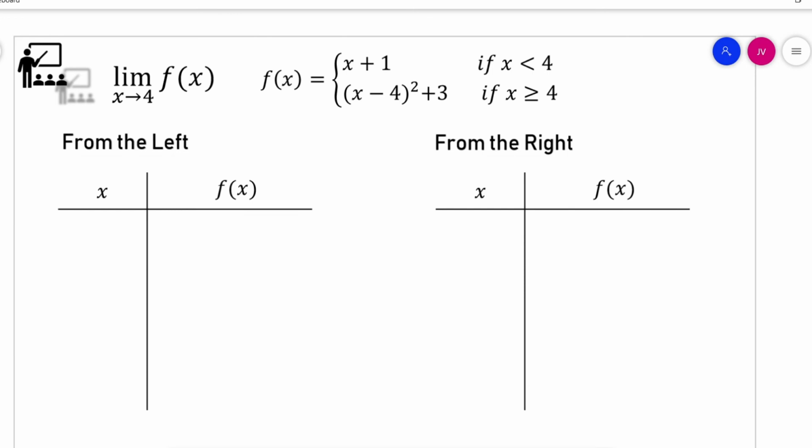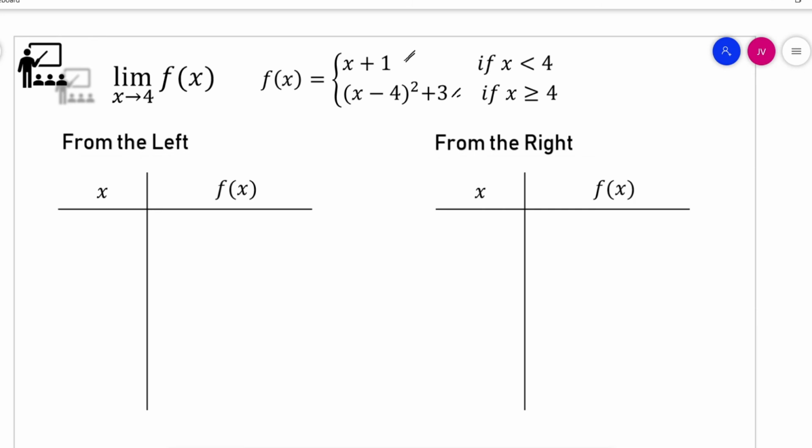So meron tayong condition. So gagamitin mo yung value na less than 4 dito sa first equation natin. Kapag equal to 4 or greater than 4, dito mo gagamitin sa pangalawang equation. So this is an example of a piecewise function.